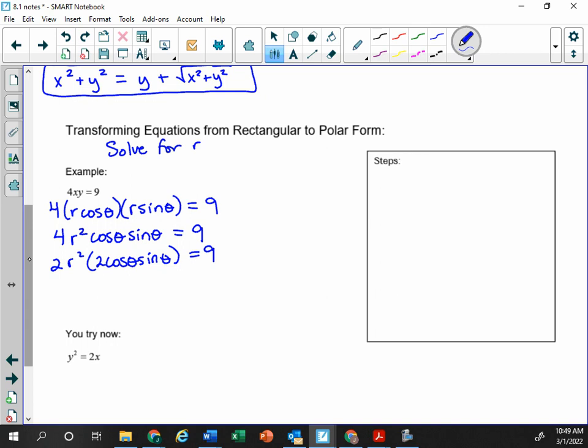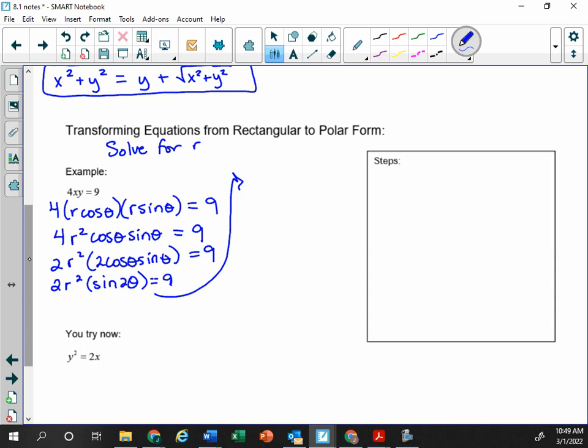Do you recognize anything? What is that 2 cosine sine? Which formula? Yes, sine of 2 theta. So I now have 2r squared times sine of 2 theta equals 9.